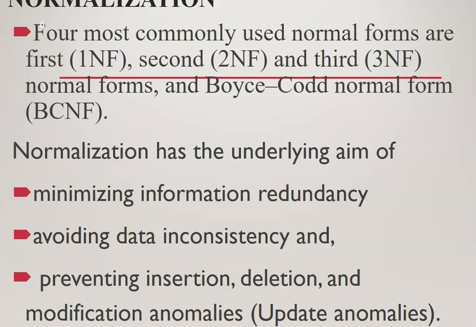And these anomalies could be insertion, deletion, or modification anomalies. So basically, if your data is redundant, it means that your data in the database is prone to insertion anomalies, deletion anomalies, and modification anomalies, as we shall discuss.